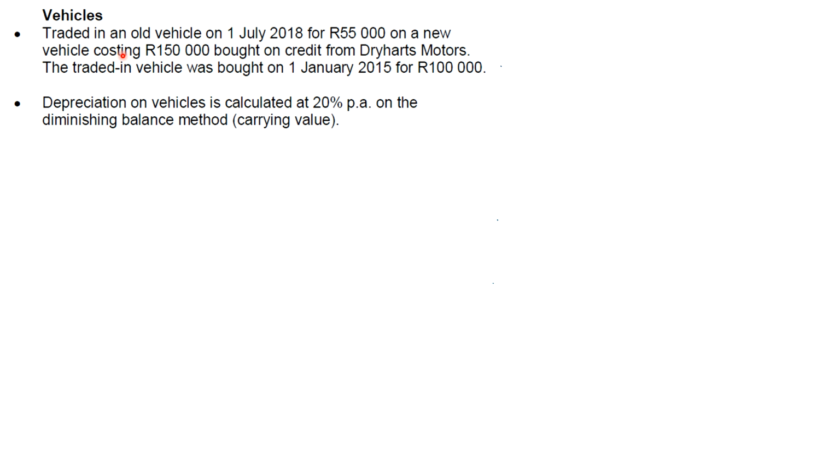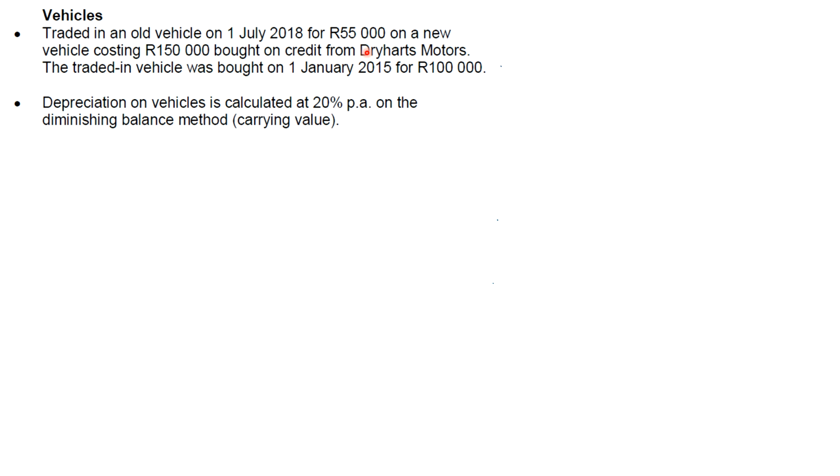Here we're only focusing on asset disposal. You must break down the information they give you. We traded in an old vehicle, the date was 1 July, and the selling price was 55,000.